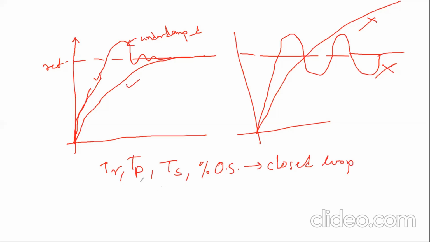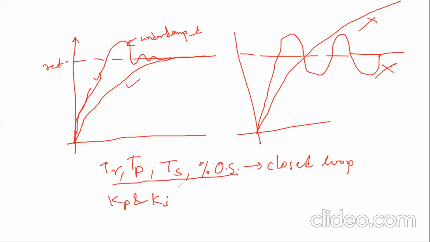You have also studied the design of PI, how to choose the values of KP and KI. By selecting appropriate values of KP and KI, we can get the required response.